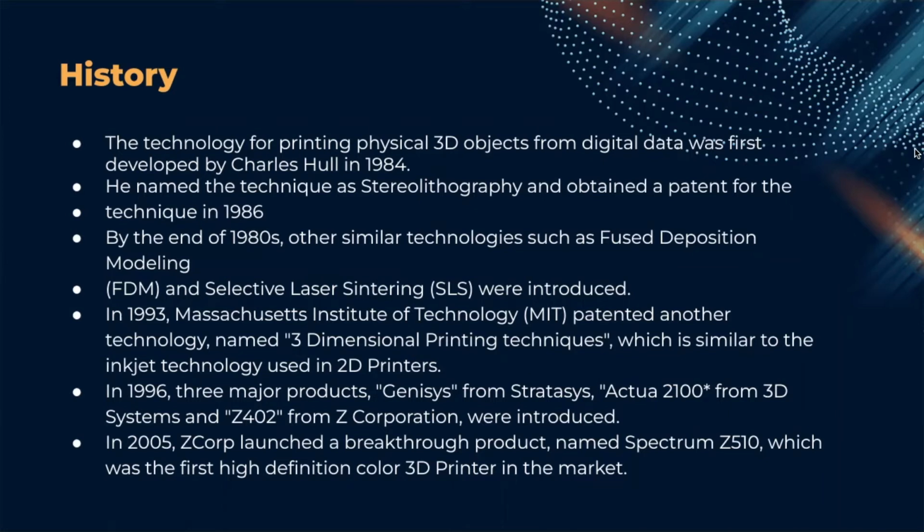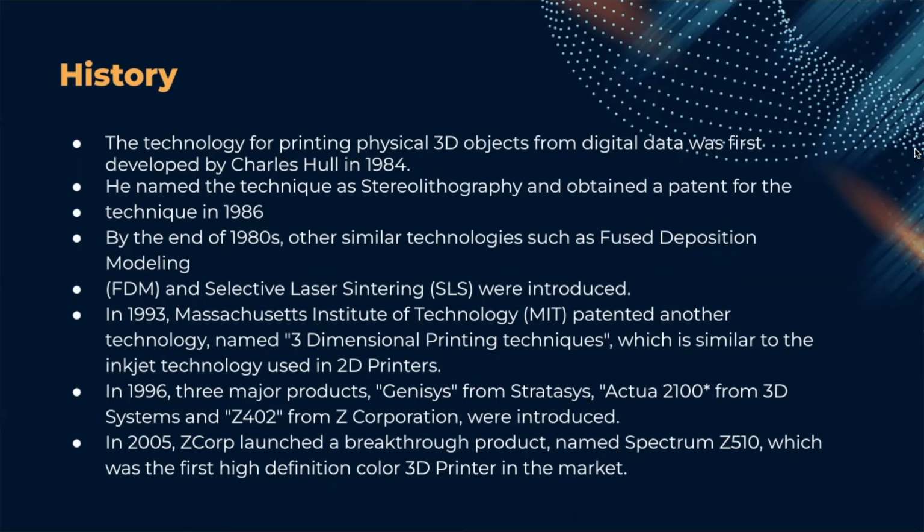Just 2 years later, he released the first ever commercially available 3D printer. Because of this, he has been coined the father of 3D printing, and this technique is still used today. By the end of the 80s, other 3D printing technology was developed, including selective laser sintering, direct metal laser sintering, and fused deposition modeling.